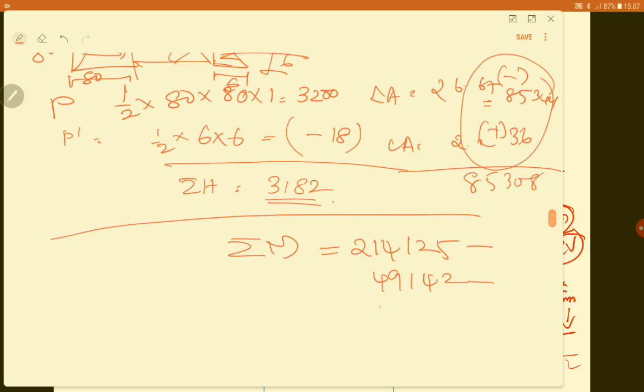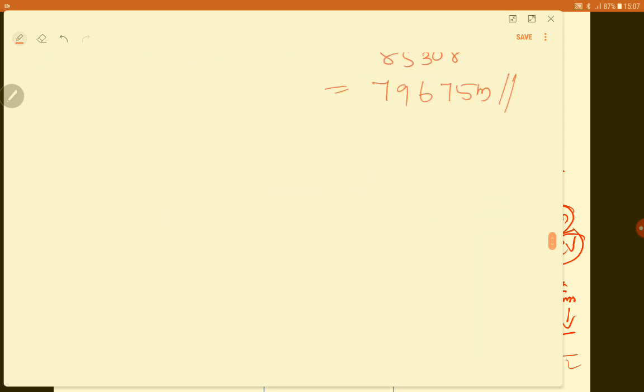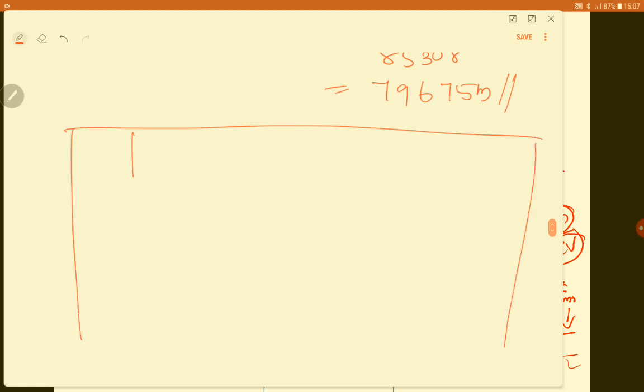So 85308, which will be equal to 79675 meters. Okay, so the table will be like this. You have all the values here. You have the forces, their designations or notations. Then you have the magnitude.